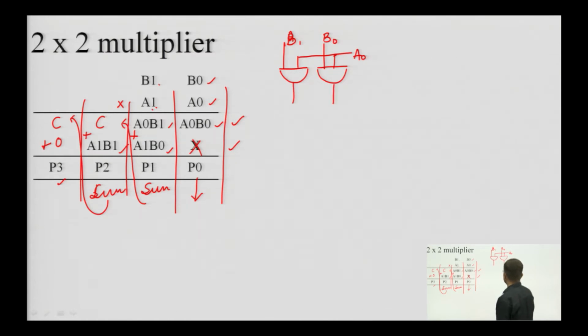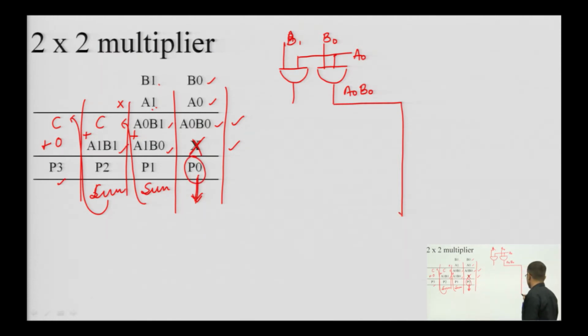As we can see, this product a naught b naught is not going to participate further in any addition. So, this can be considered as the final part of the multiplication, or we can say as p naught. Similarly, now we will be generating the second row a 1 b 1 and a 1 b naught. So, let us generate these two terms.